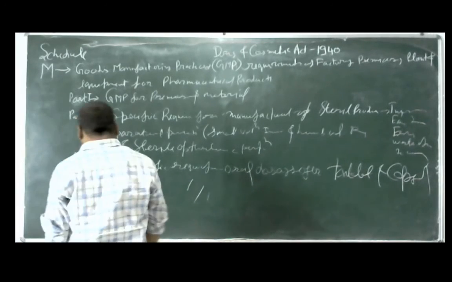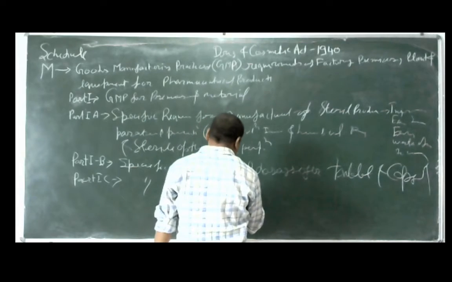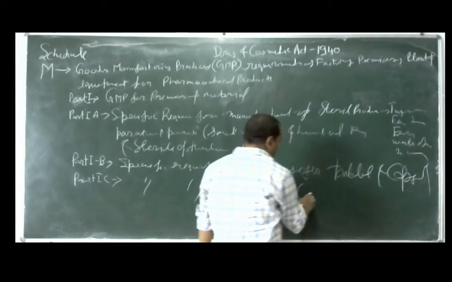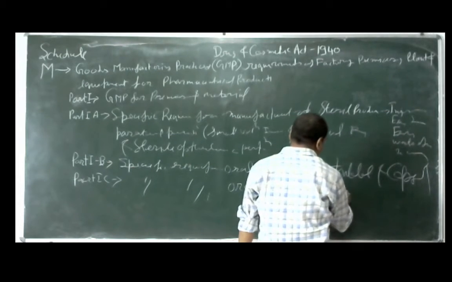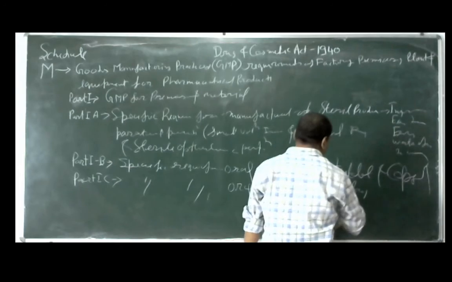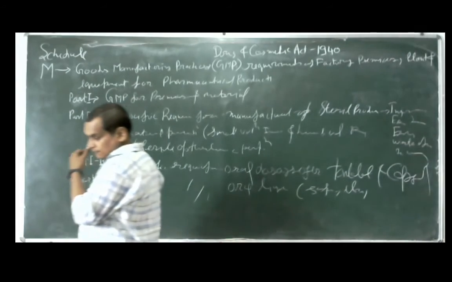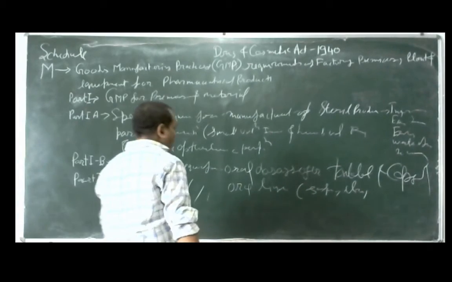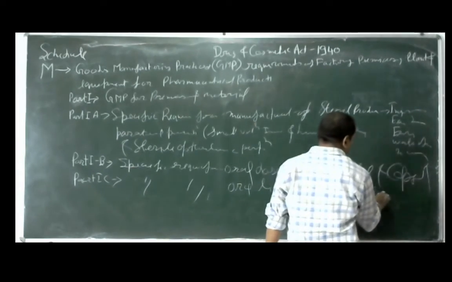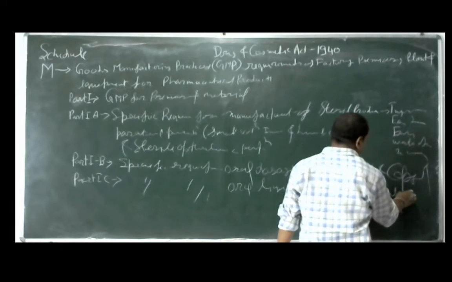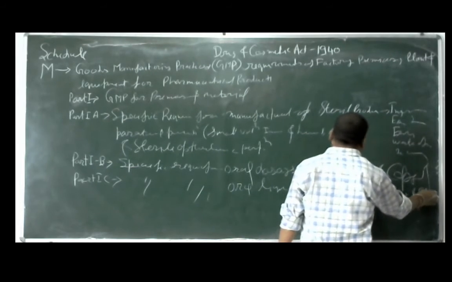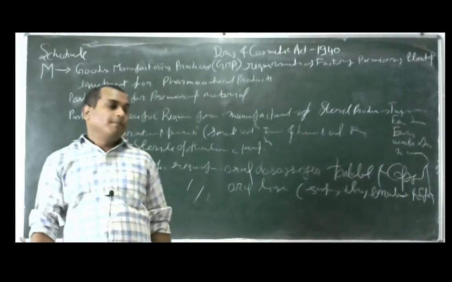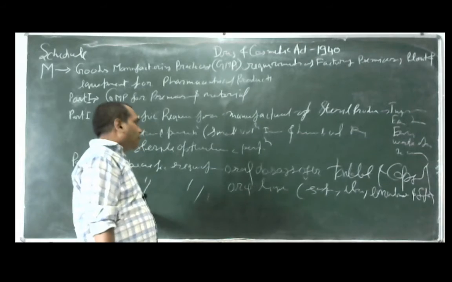Oral liquids are syrups, elixirs, emulsions and suspensions. These come under Schedule M, Part 1C.